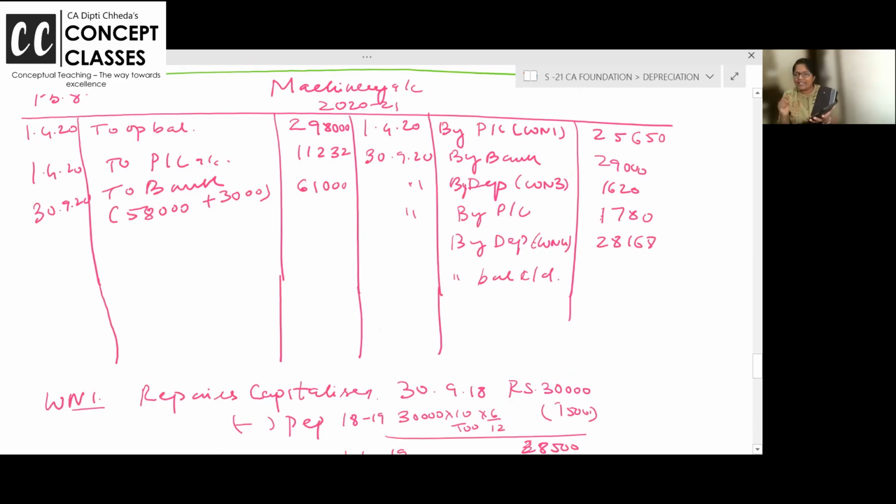Yesterday I taught you, closing balance of machine 1, 2 and all, you write separately. What was the reason for doing it like that? Because we had to continue next year and then part of the asset was sold. This is only for 1 year. Just take it as a balancing figure.